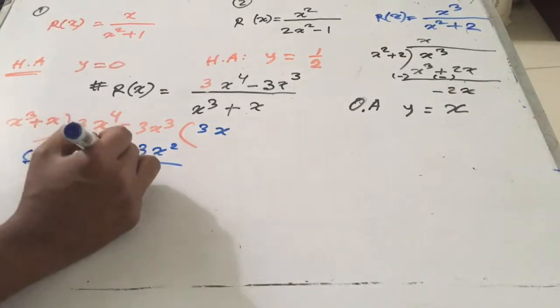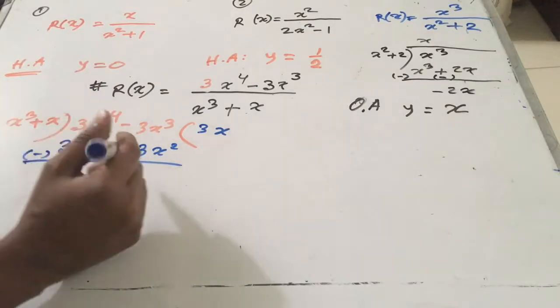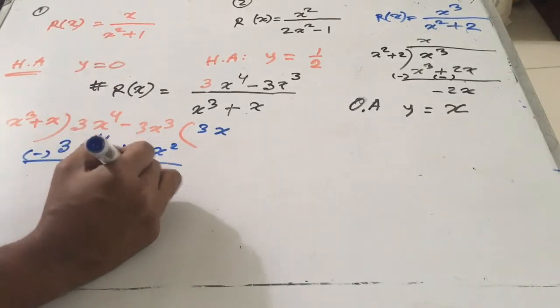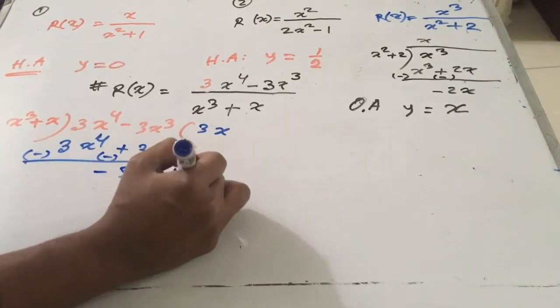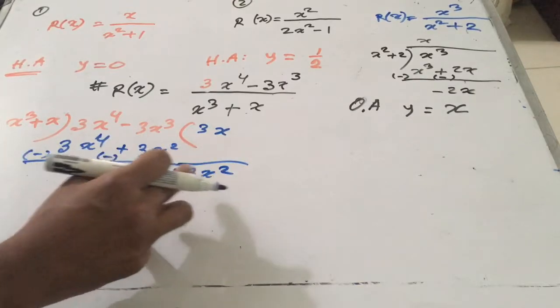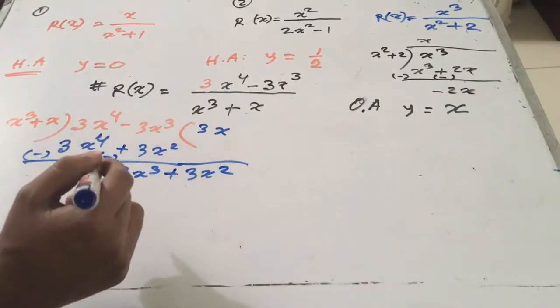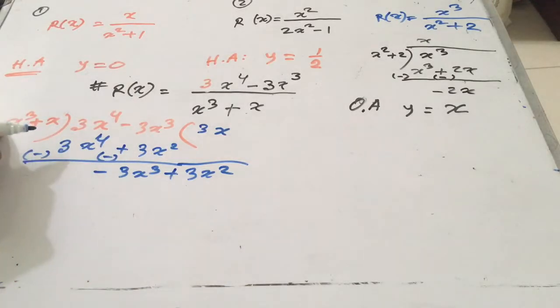If I subtract, then this and this cancel out. Now minus 3x cube will remain, then plus 3x squared. I am writing it in order because this is more power, this is less power, so this is first, then this is later. Now you see I have minus 3x cube here and this is x cube here.